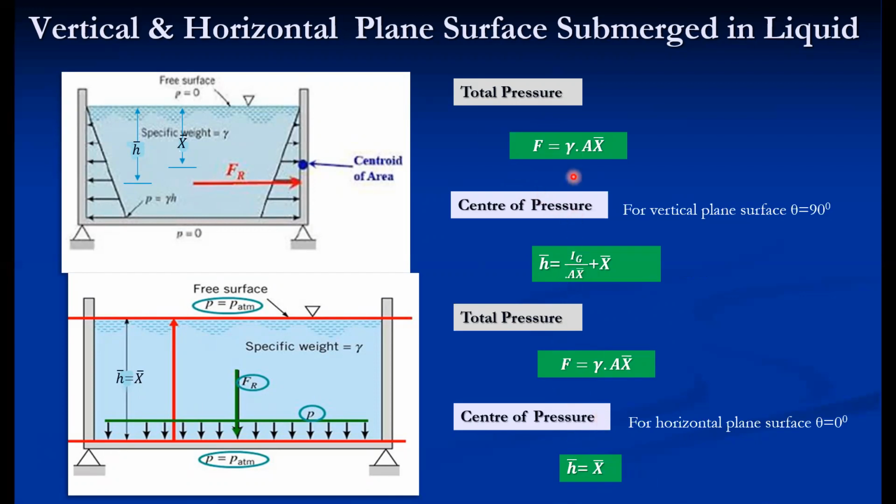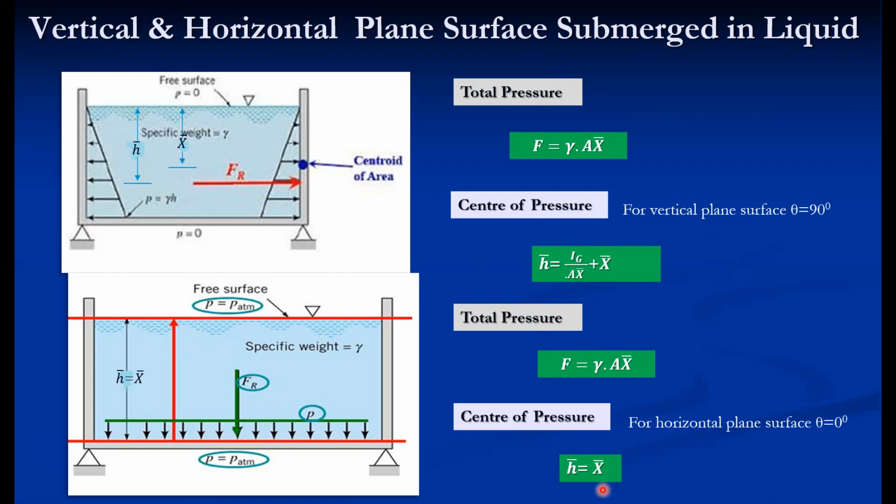The expression of total pressure remains the same in all three cases, but the h bar value changes. In the case of a vertical plane surface, the first term, Ig sine square theta upon A x bar, has sine 90 equal to 1, so sine square theta is 1 and the formula reduces to this.